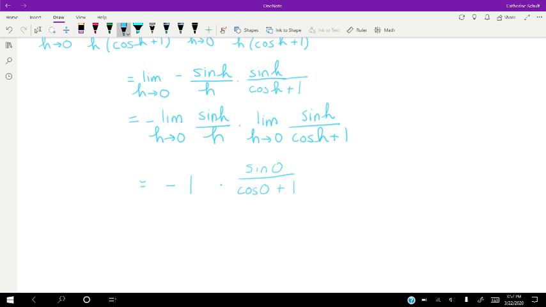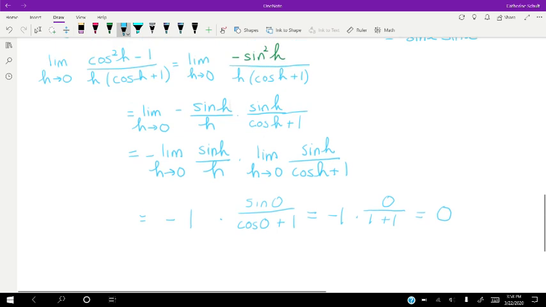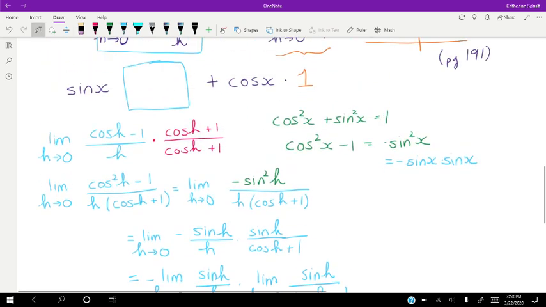Sine of 0 is 0. Cosine of 0 is 1. So what's 0 divided by 2? 0. And what's negative 1 times 0? 0. All right, so that was our pit stop.